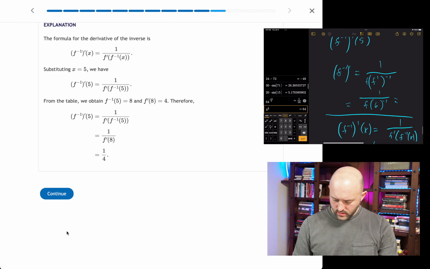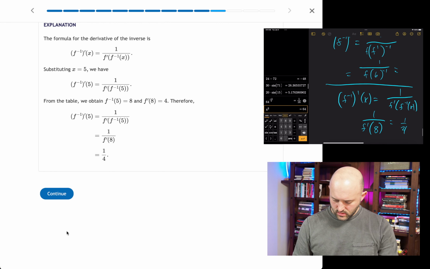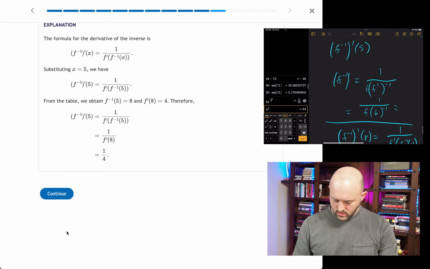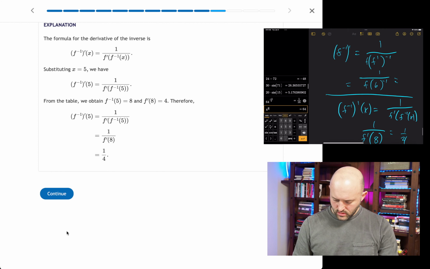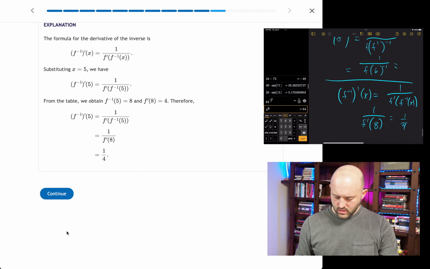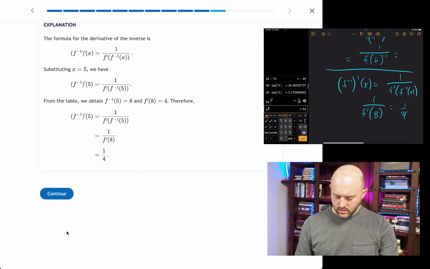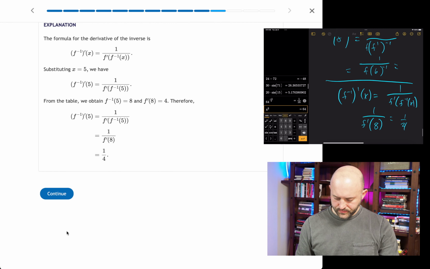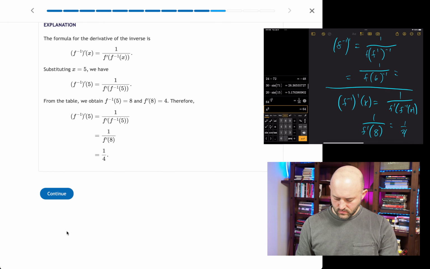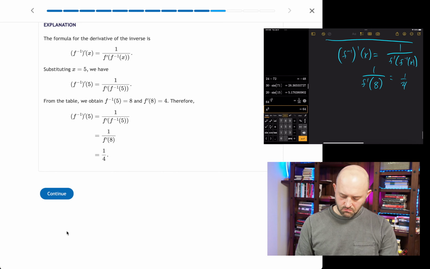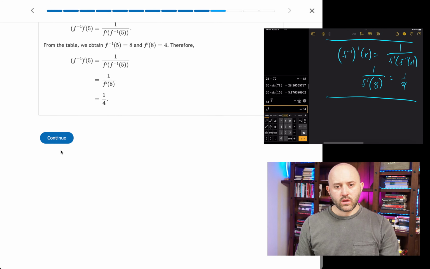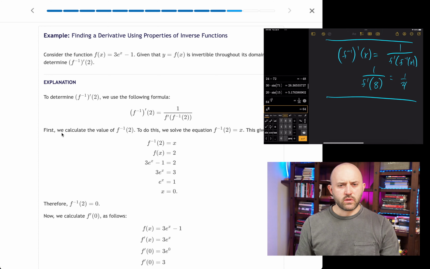What did I get wrong here? The derivative of the inverse is 1 over f prime of the inverse. Okay. One more time. Let's keep going.